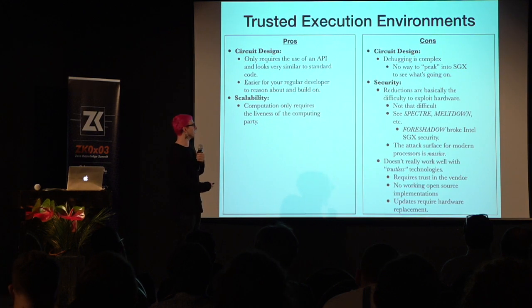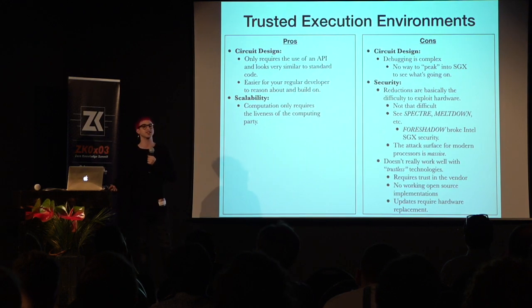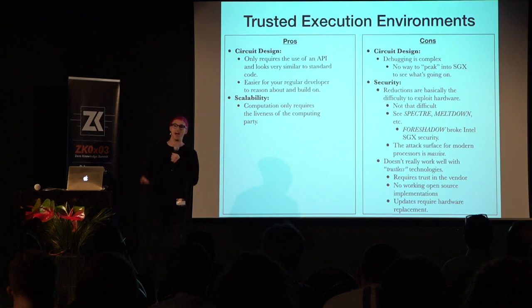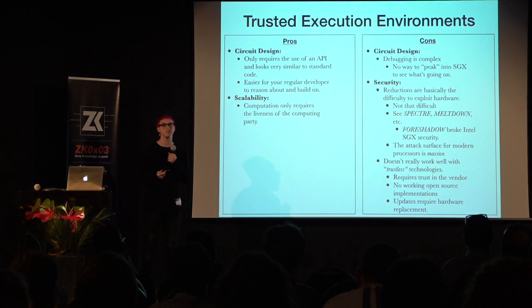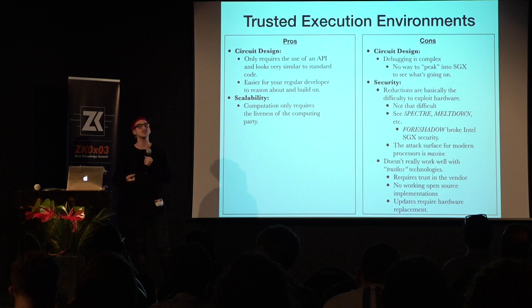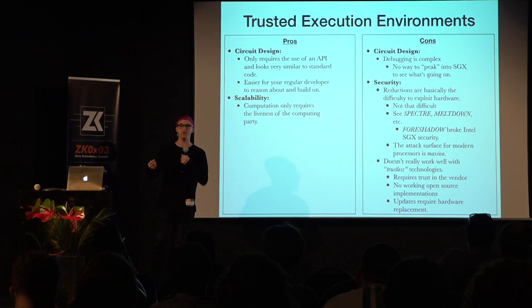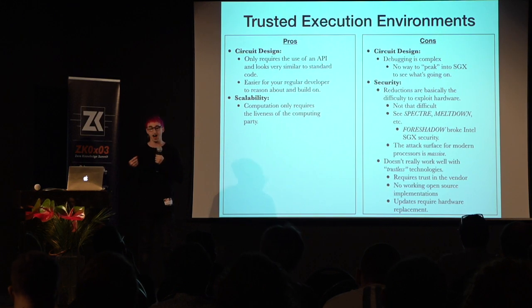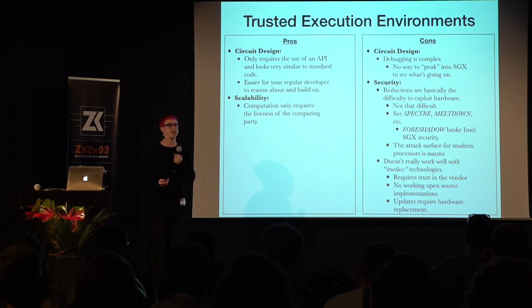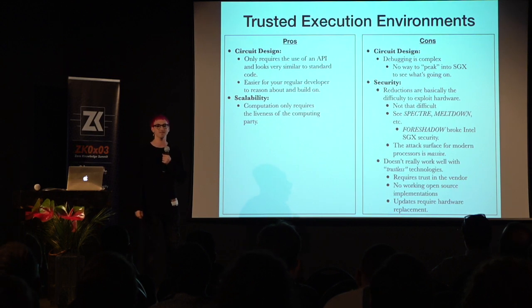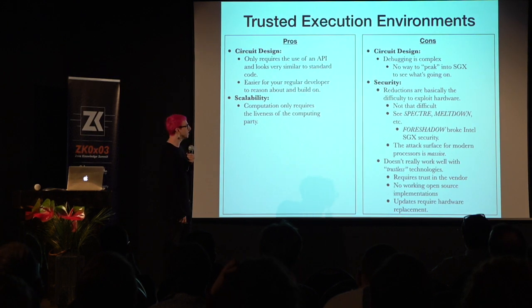The attack surface for modern processors is absolutely massive, and if you talk to researchers in this space, while we are confident that eventually someday we might find something and build something that can withstand a lot of attacks and scrutiny, there will inevitably be a break in it. That's just my opinion, but also I think the opinion of many researchers working in this space.